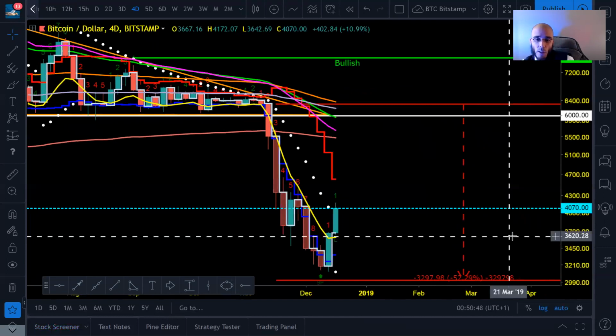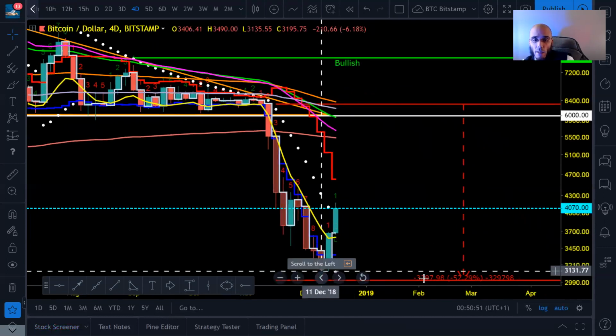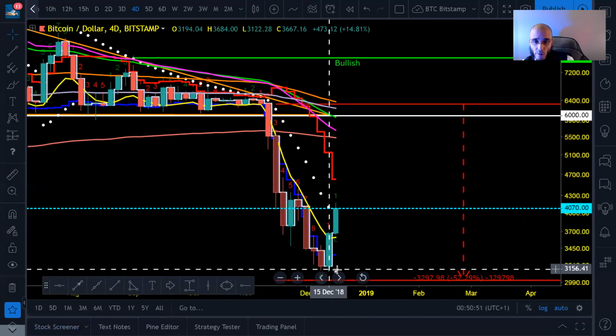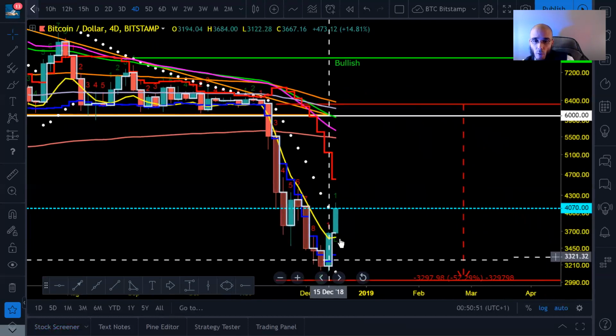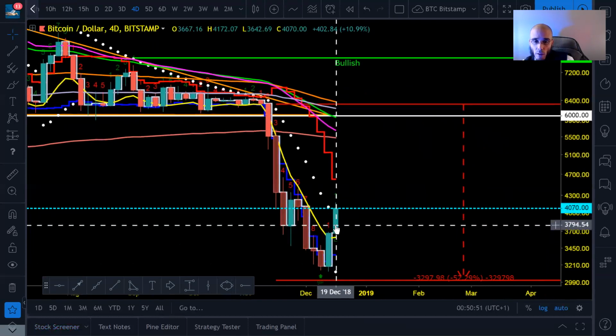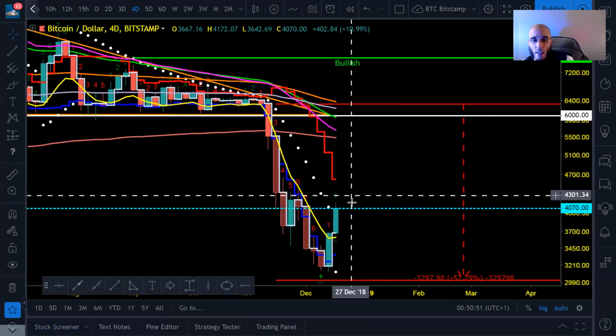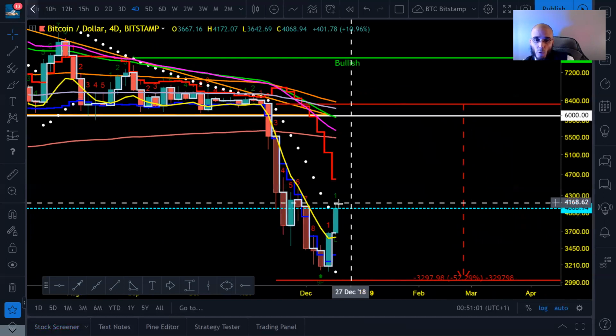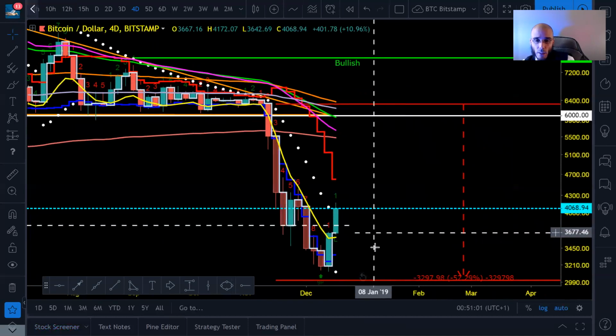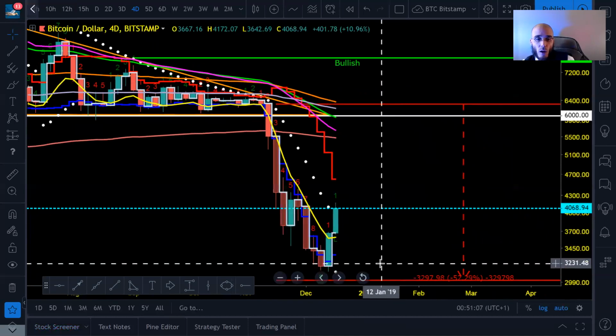4-day chart. And 4-day chart gave you a 9 at the bottom. That was nice. Then you had a candle number 1, a red one, a green one. We would like to have 2 trading higher than a 1. That would be an indication to go long according to the 4-day chart.